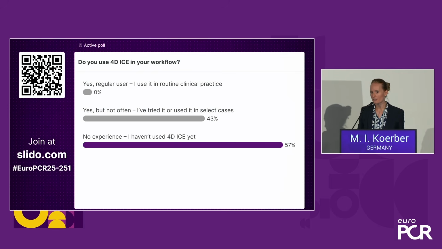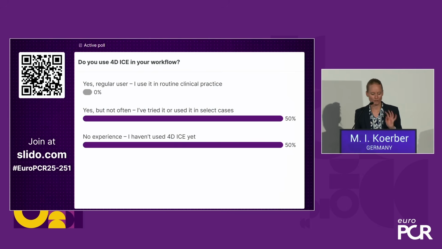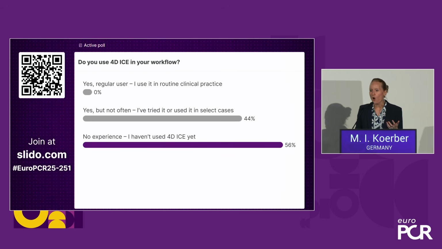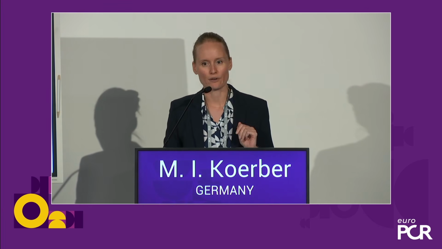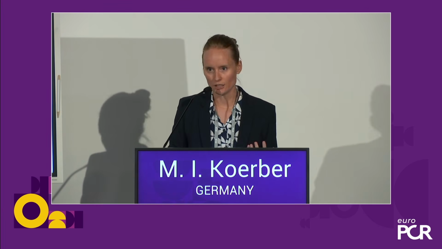I will start with a very short overview of new imaging technologies in structural heart interventions. First of all, when we screen patients for mitral valve or tricuspid valve interventions, heart chamber evaluation and also the evaluation of 3D RV or LV ejection fraction is something that we regularly use.